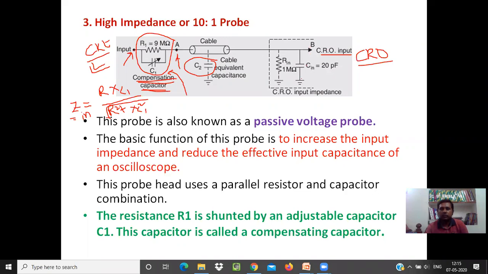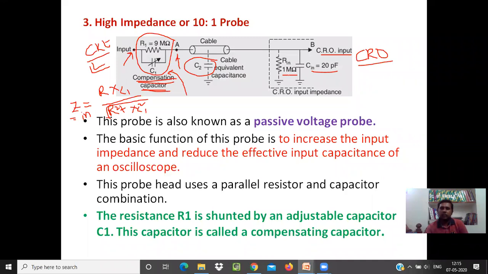Rin is the general input impedance of CRO, and Cin is the input capacitance of CRO. This is only the specification of CRO.